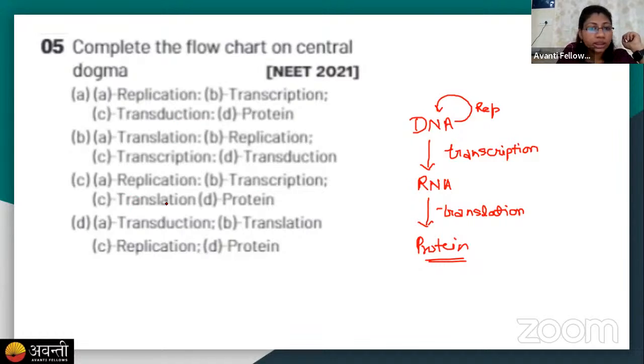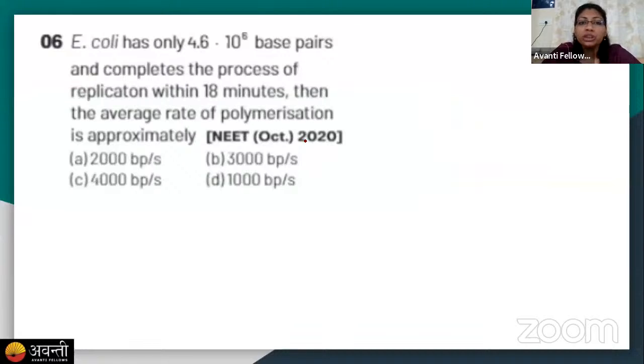So translation is given in option C. Let's check. In option C, the sequence is replication, transcription, translation, and protein. Yeah, this is the correct sequence. So yes, the answer for question number 5 is option C. Okay, it is absolutely right. Now, let's move to the next question.